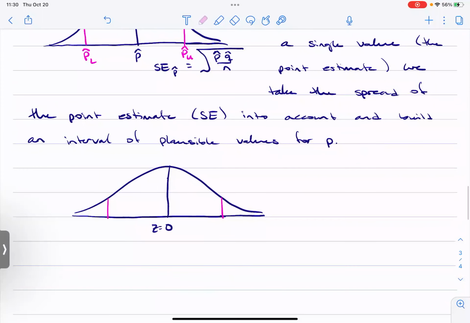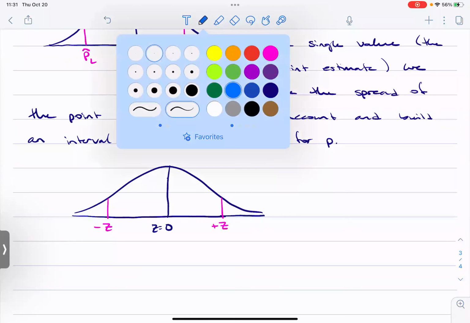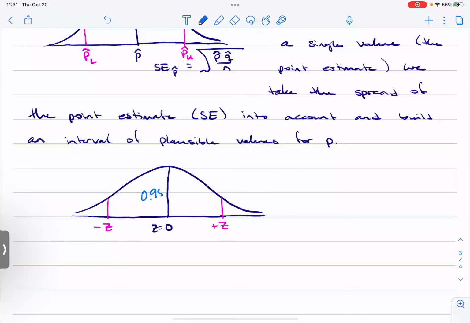And so here, I'm going to have some negative Z and some positive Z. Let's just emphasize that. I'm forcing this area to be 0.95, which means if it's the central 0.95, then I have 5% left over, or 0.05, which I have to split evenly.